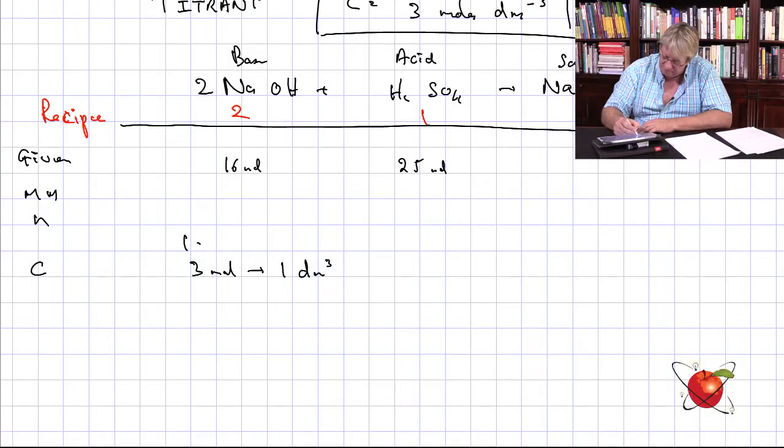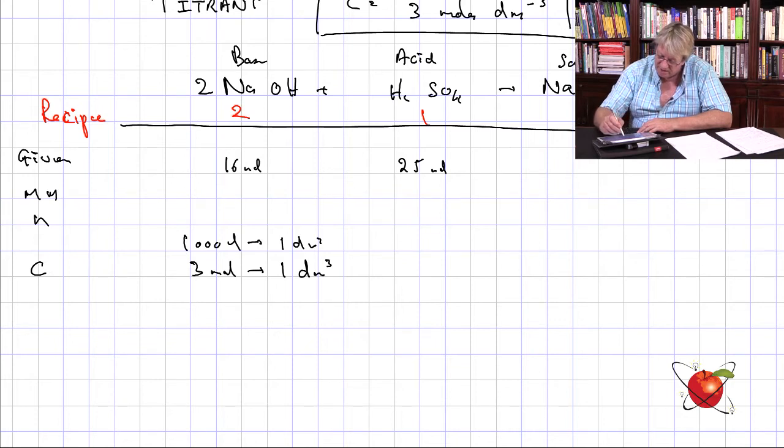Because 16 milliliters, remember, 1 liter... Let's just do this conversion over here. 1 liter is 1 decimeter cubed. 16 mil, I've got to divide that to get to liters, haven't I? Not 1,000 liters, Kevin. I was thinking in terms of trying to get to milliliters. 1 liter is 1 cubic decimeter, isn't it? There I've got milliliters. I've got to get that to liters to do the conversion.